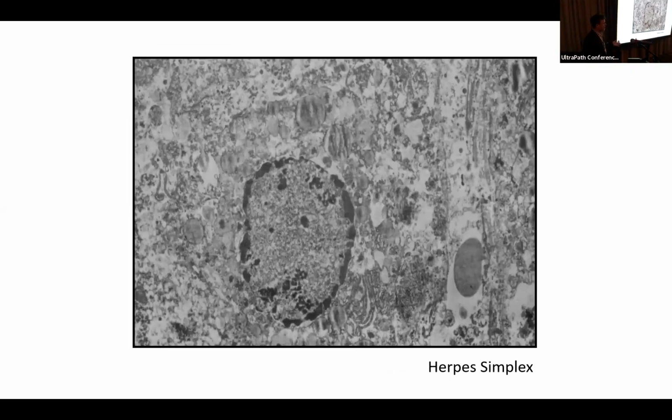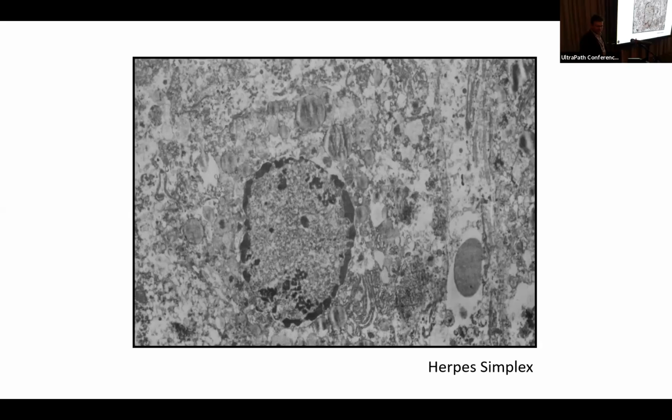Most viruses are very structurally robust, and that enables their identification even in poorly preserved tissue specimens. This is a case of an autolyzed, formalin-fixed, deparaffinized autopsy specimen. It's kind of the worst of the worst that you can look at.